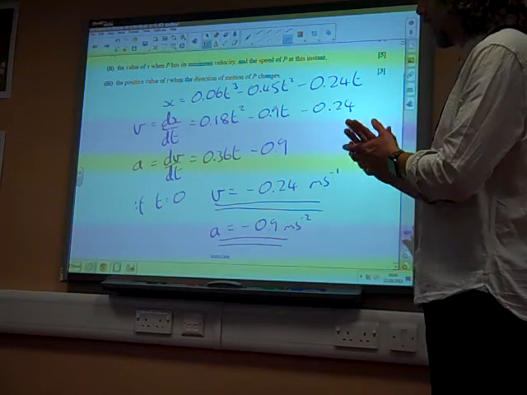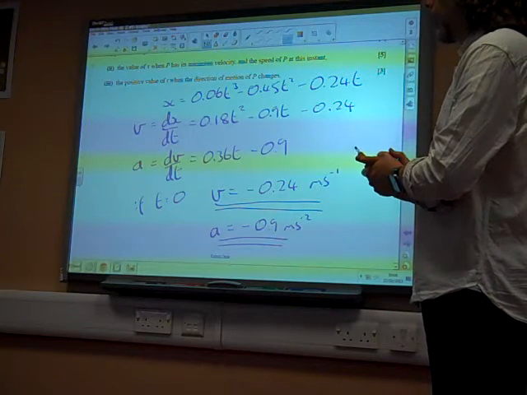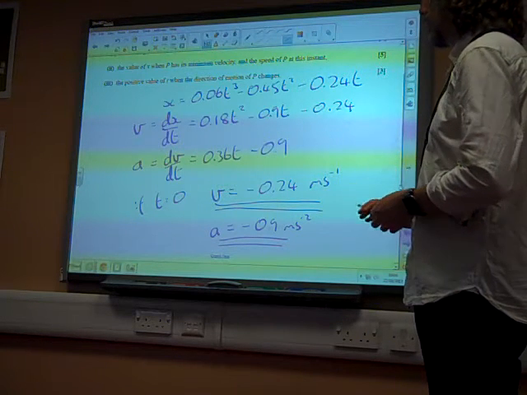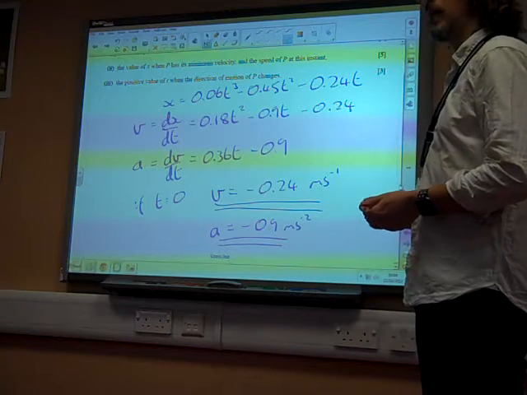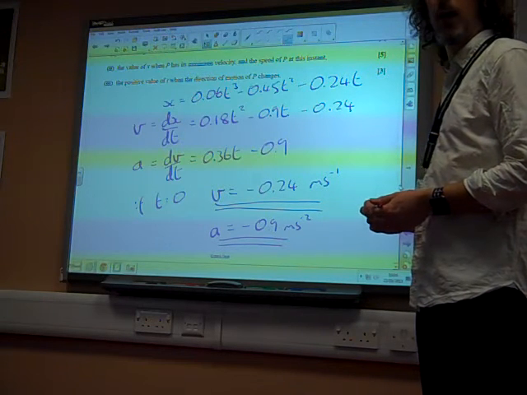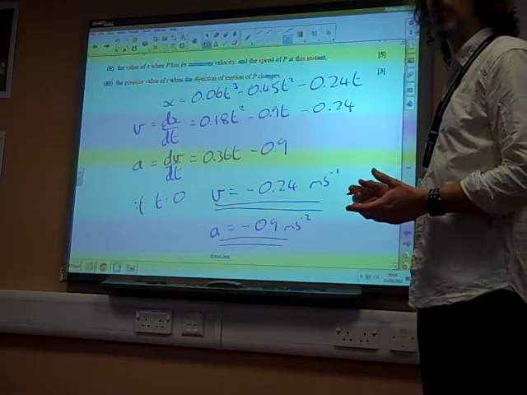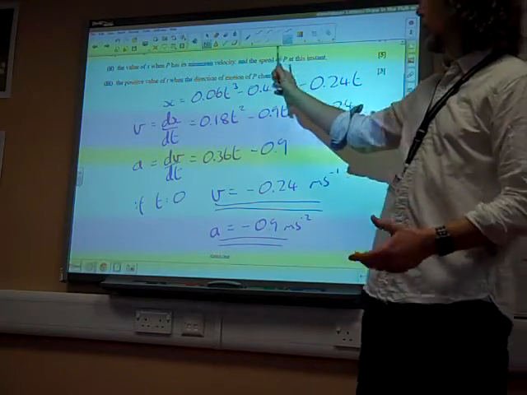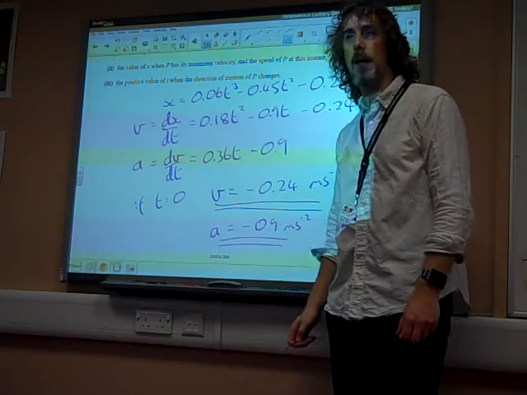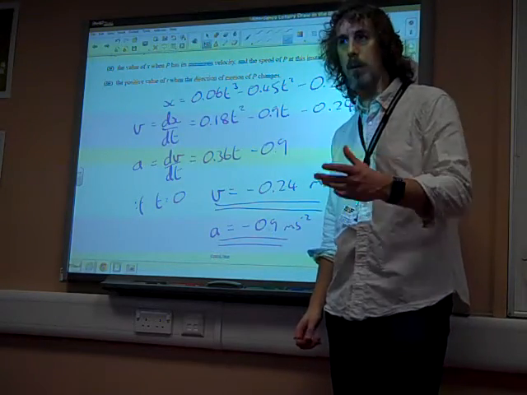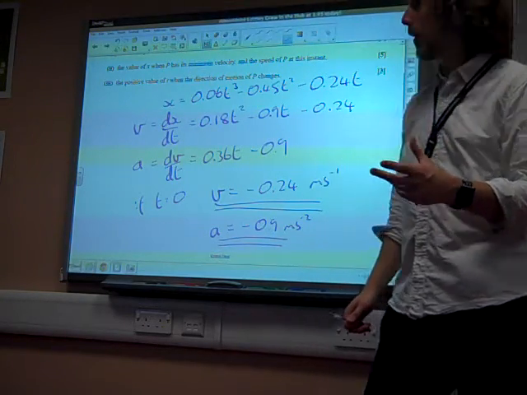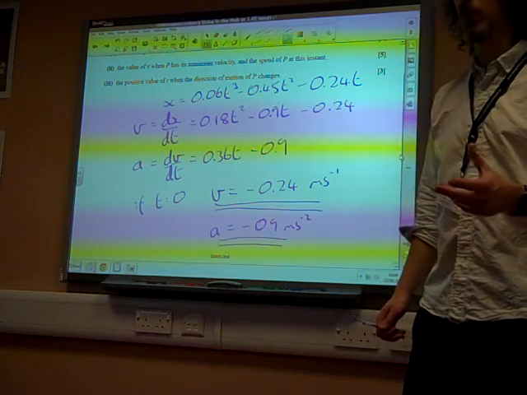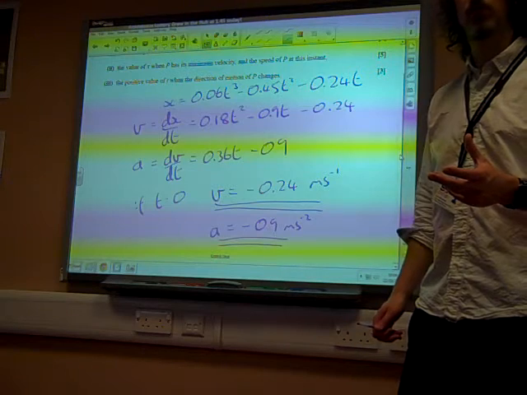Right, we need to find the value of x when P has its minimum velocity, and the speed of P at this instant. Now this is some of the stuff that we haven't talked about that much yet. The minimum velocity of P would come at the point when its acceleration is 0.